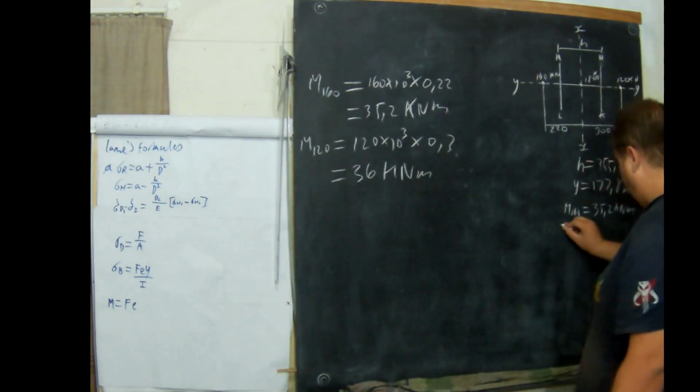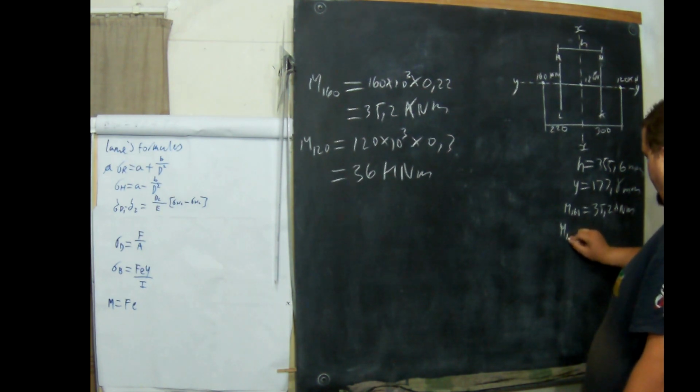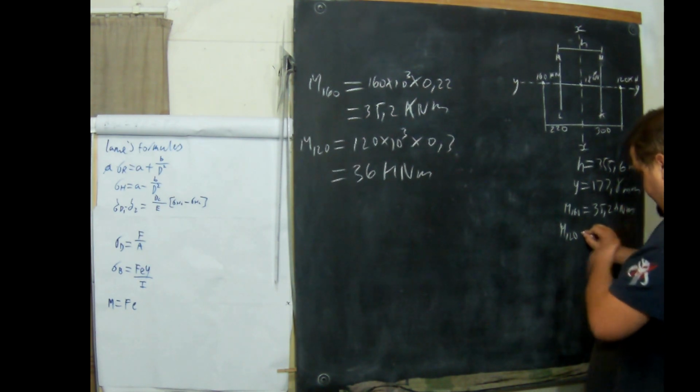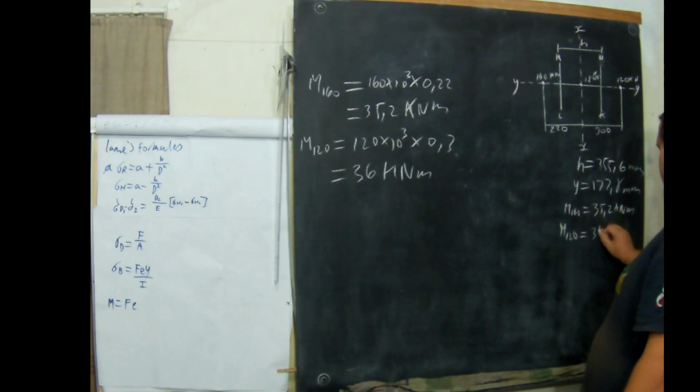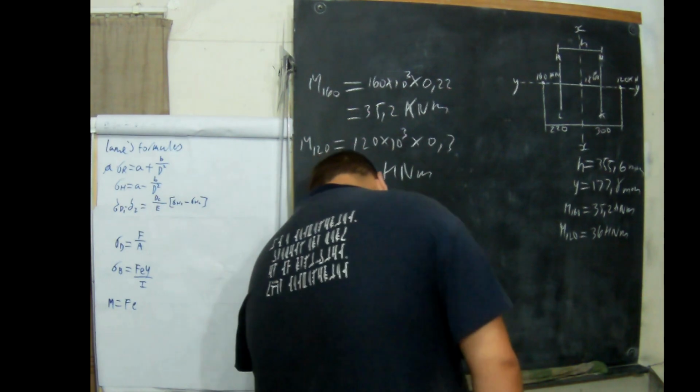So M at 120 equals 36 kilonewton meters.